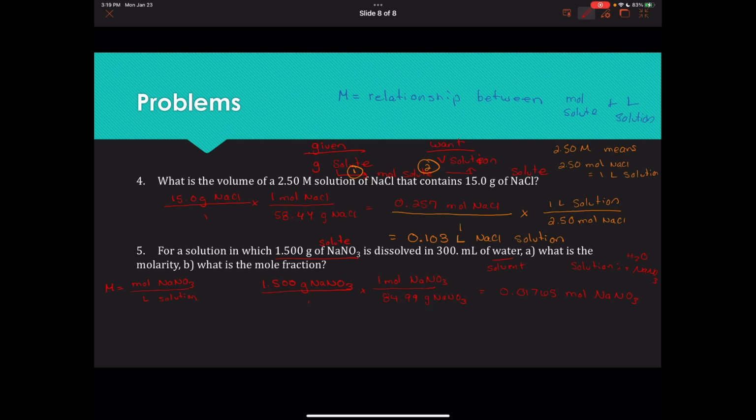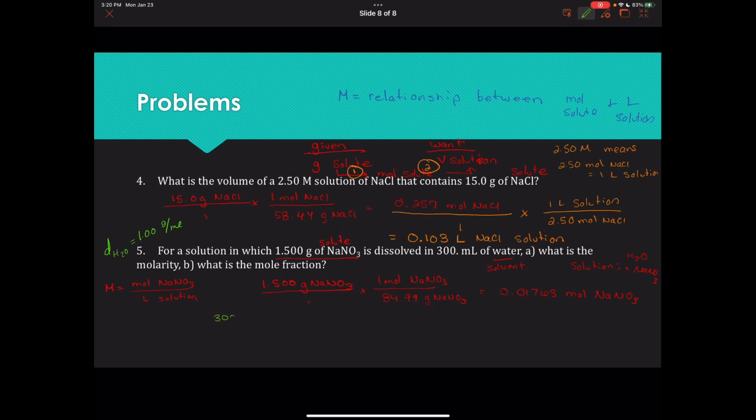So I've got to either convert grams of sodium nitrate to volume, which would require the density of sodium nitrate, which I don't have. The other option is to convert milliliters of water to grams of water using density. And water's density is a density that we are expected to know.